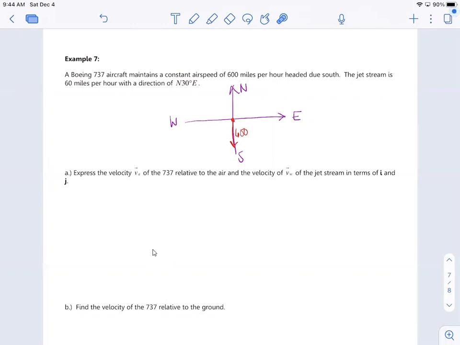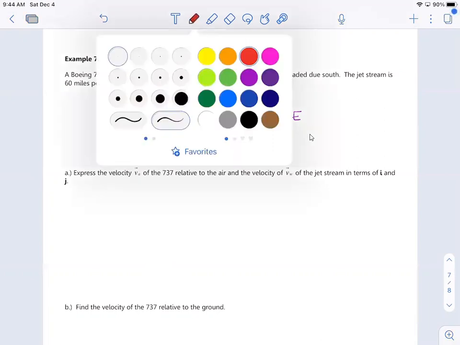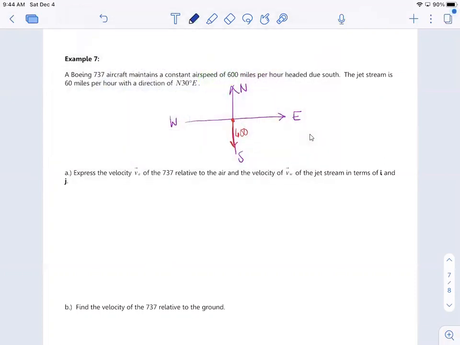Now, this jet stream is acting on it, and it's 60 miles per hour with a direction of 30 degrees east of north. Again, if you need a refresher, you're going to check out that video. So we have, let me not use purple, east of north.